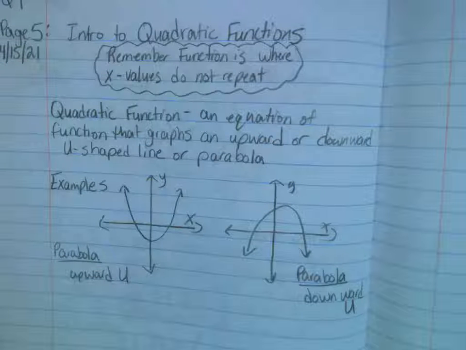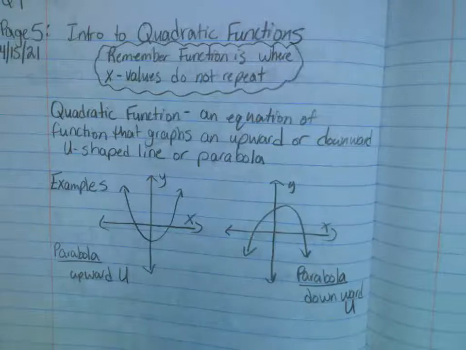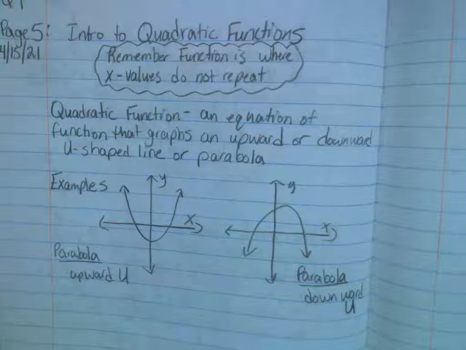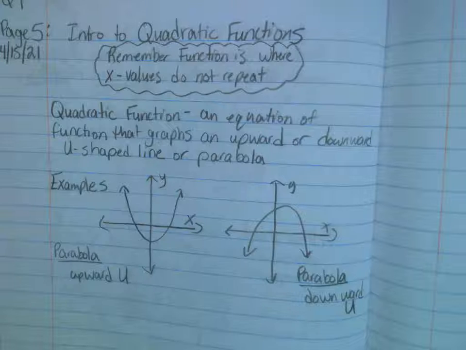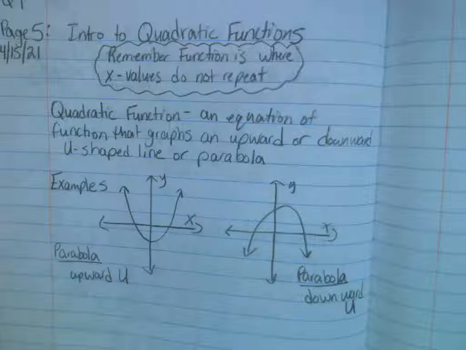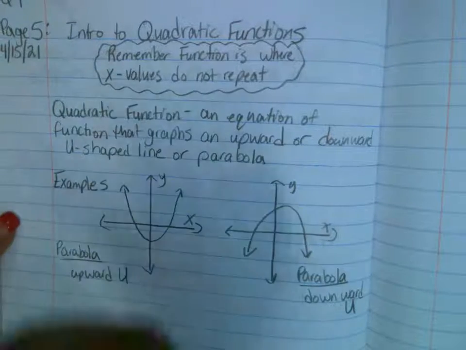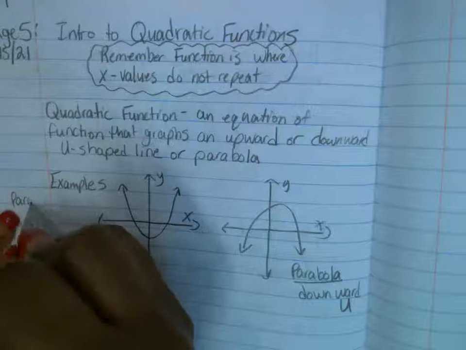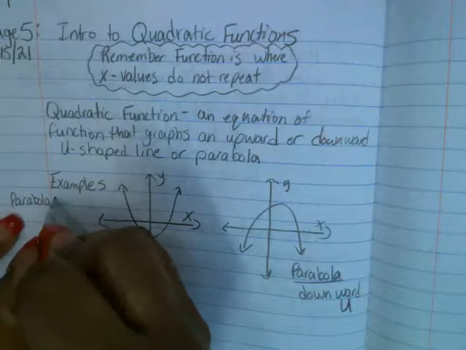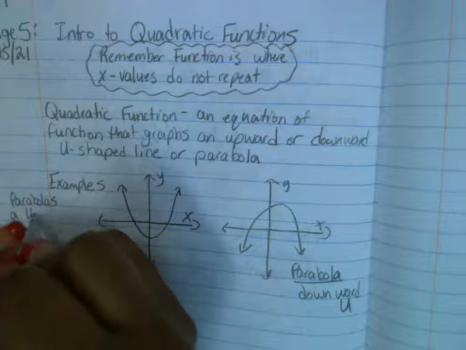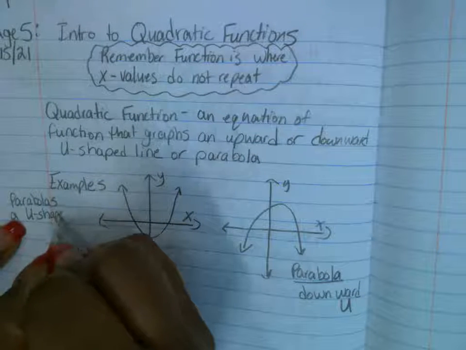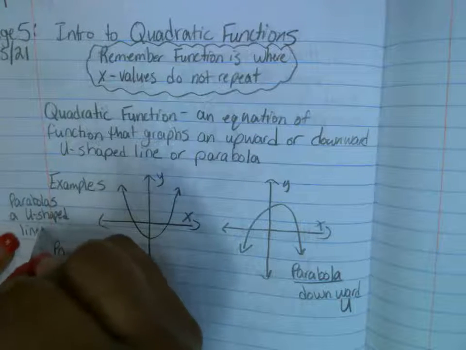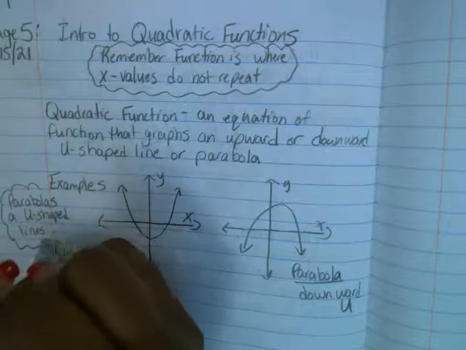No sideways U's, only an upward U or downward U. Questions, comments, or concerns? And over here to the side, just in case you forget, this is a little mental note: parabolas are U-shaped lines. Put that in a little bubble out here.